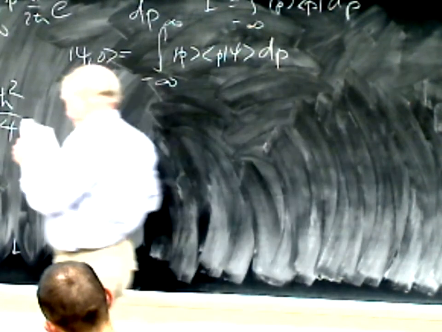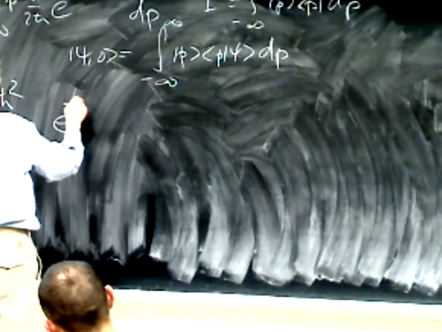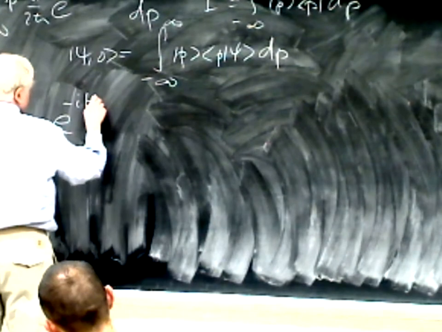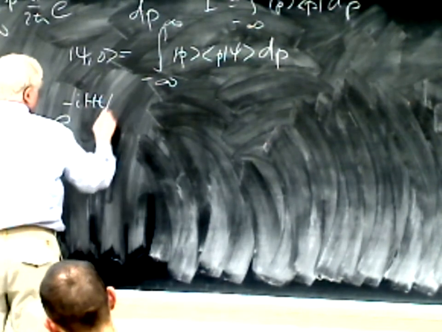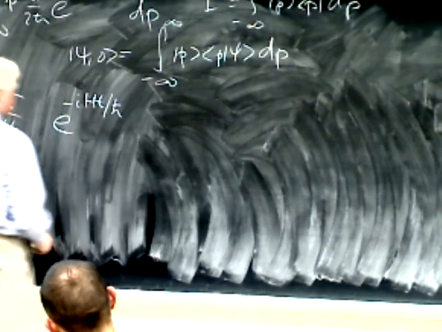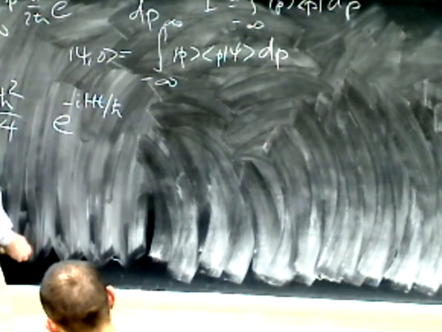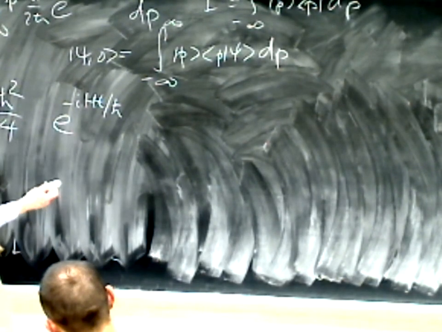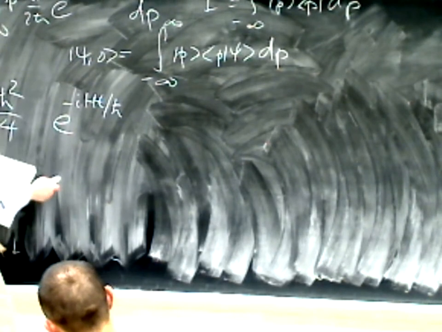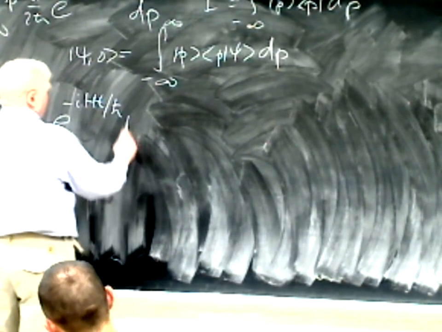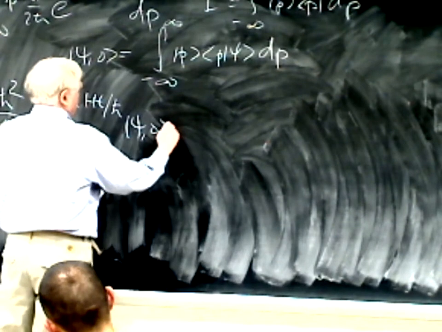If the particle is free, then the Hamiltonian is very simple, and the evolution of the state is implemented by this unitary operator, e to the minus I times the Hamiltonian times time over h bar, acting on psi of 0.